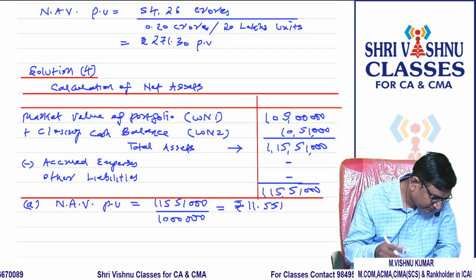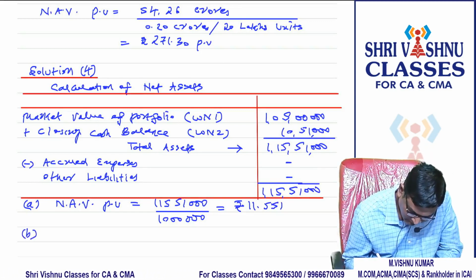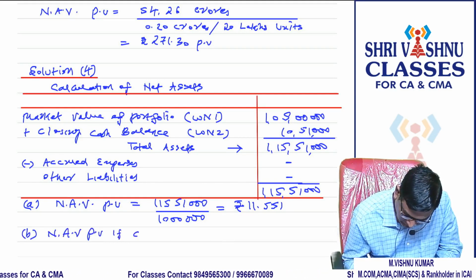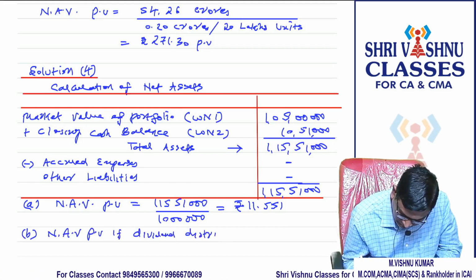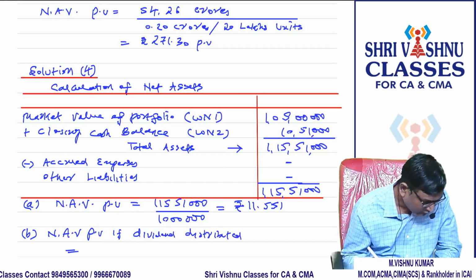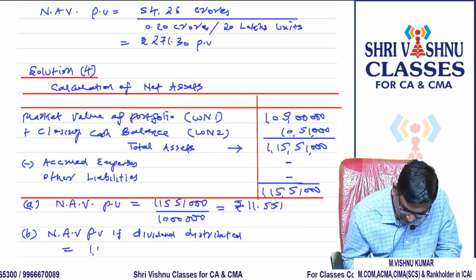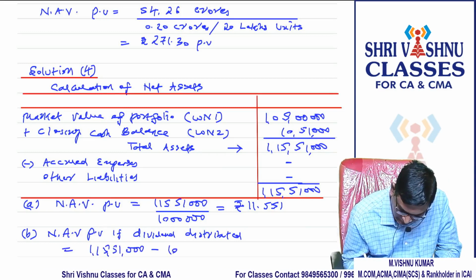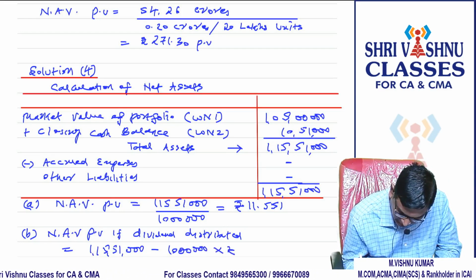Next, NAV if dividend is distributed. How much dividend? 80 paise. On 10 lakh units, 80 paise dividend distributed.